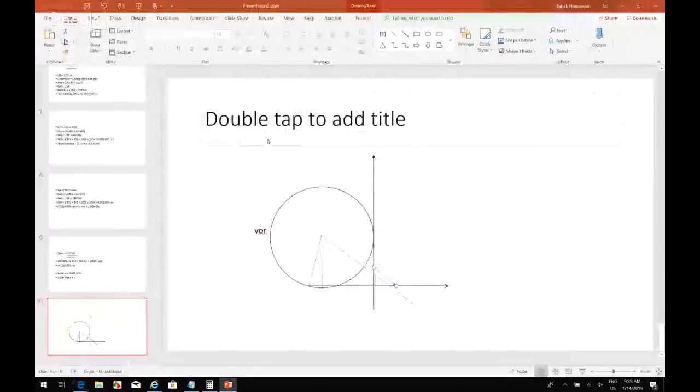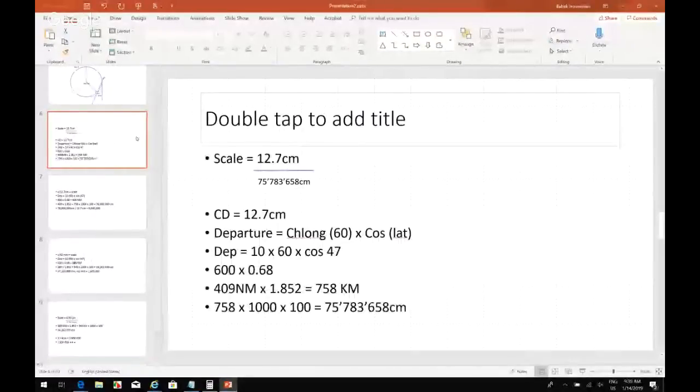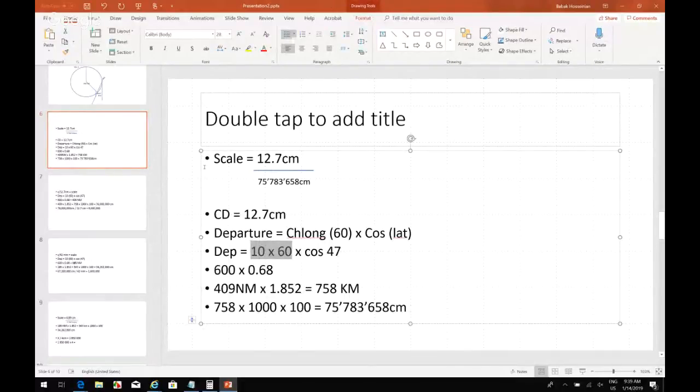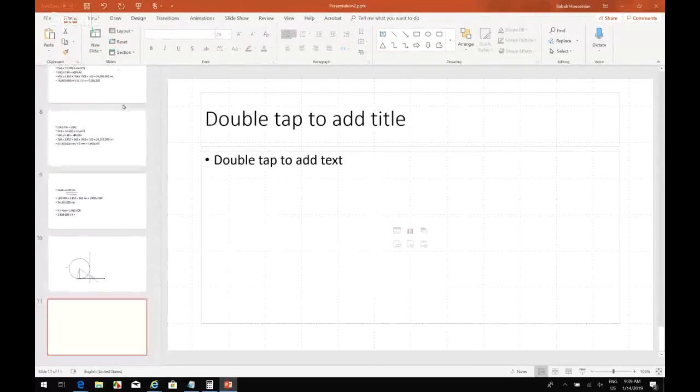It's going to be 10 times 60. I think we did that before, yeah. So yeah, 10 times 60. Using the departure formula, right?